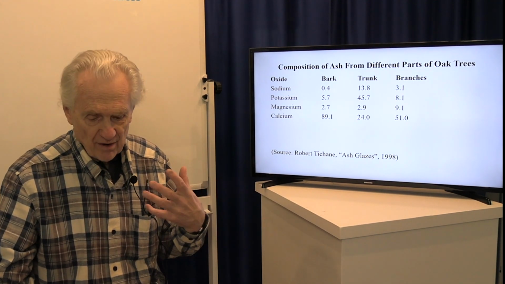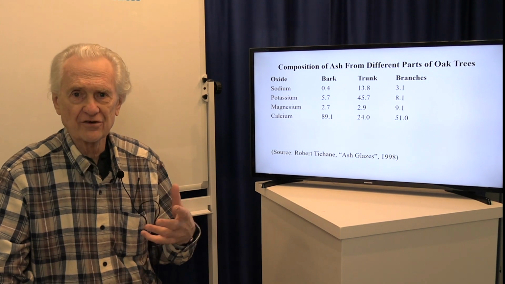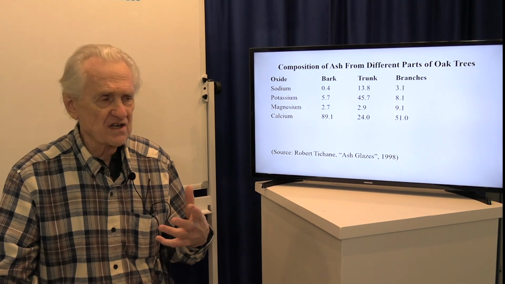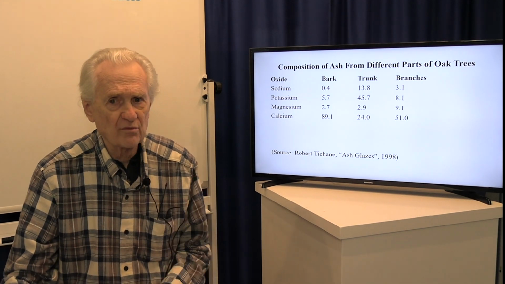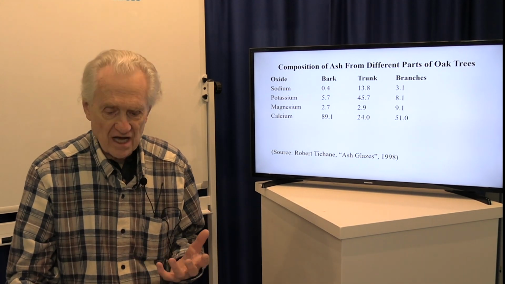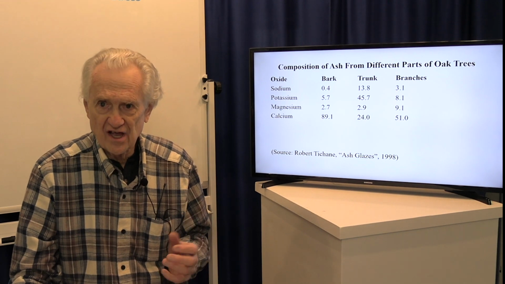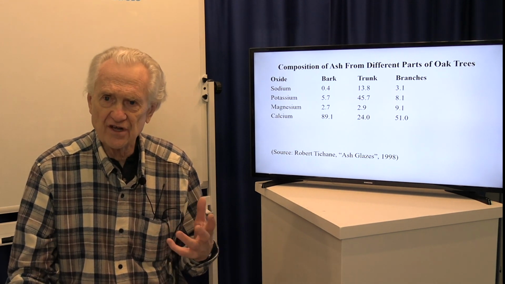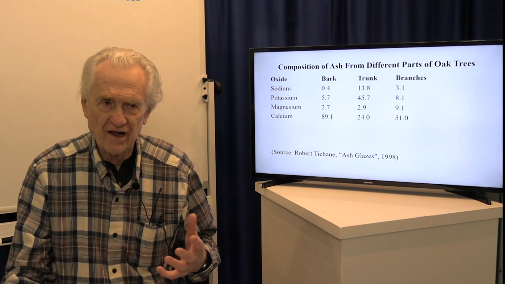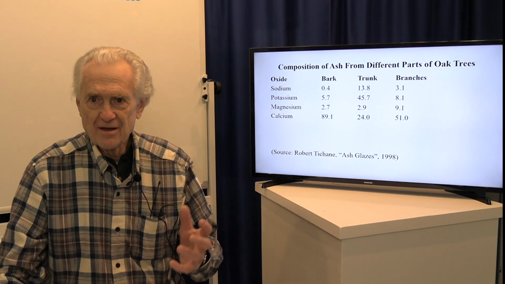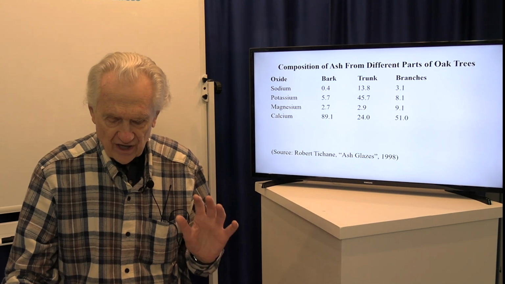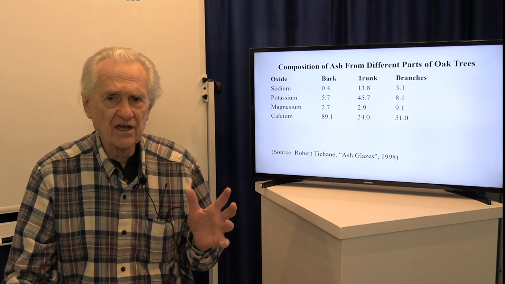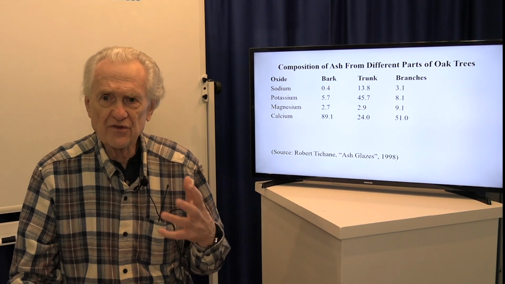So the point I'm making here is there is no standard number or percentage for anything, for any particular ash. So the main point I'd like to make is don't put too much confidence in specific numbers. If you see a recipe for a certain type of ash quoted in a book, I would almost say don't believe it, because it depends on so many different factors. So what I really recommend is if you're going to get into making your own ash glazes, test with your own ash.